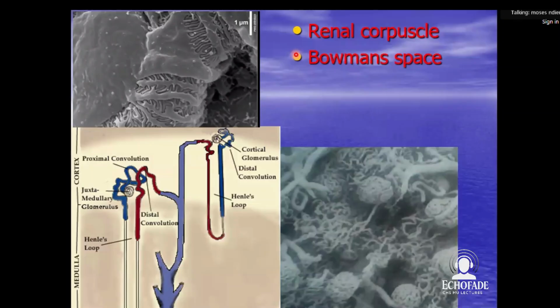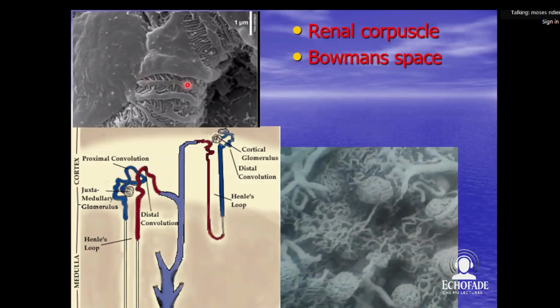This is a podocyte, and this specialized cell contains a lot of processes, some large processes that we refer to as the primary processes. These primary processes give rise to smaller processes that we refer to as secondary processes.